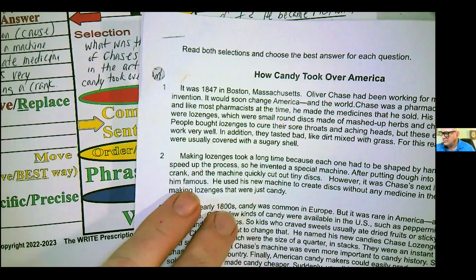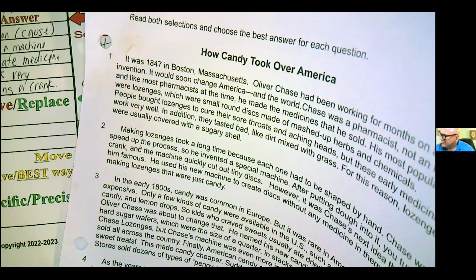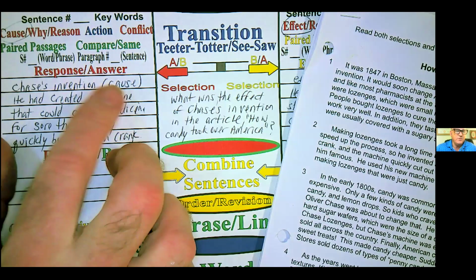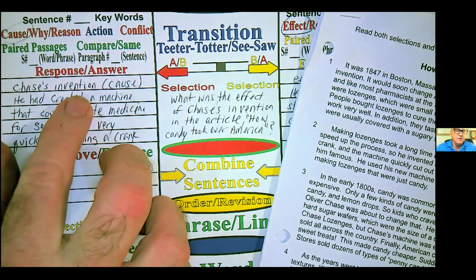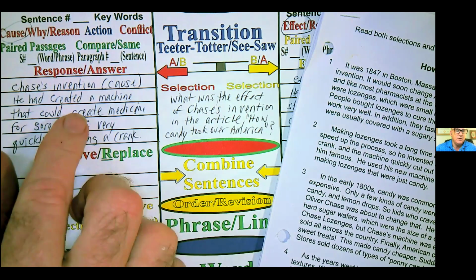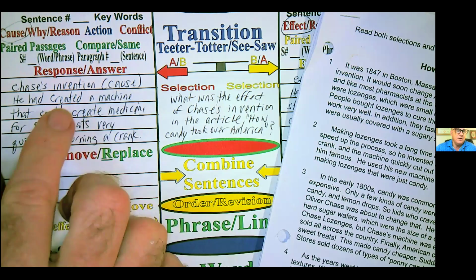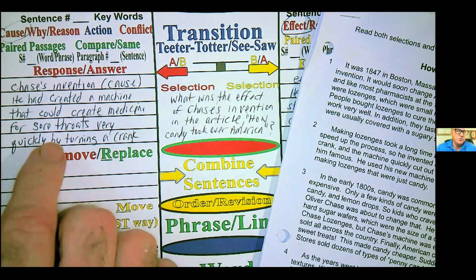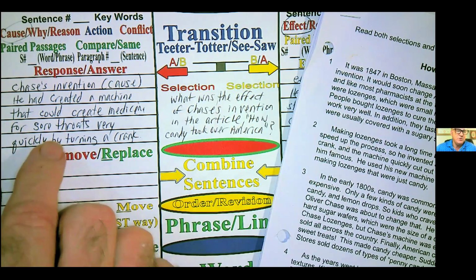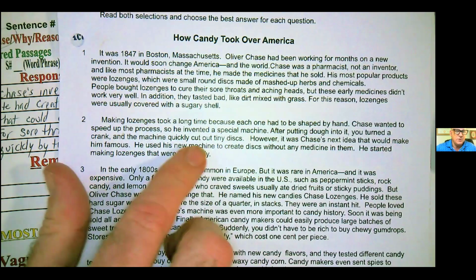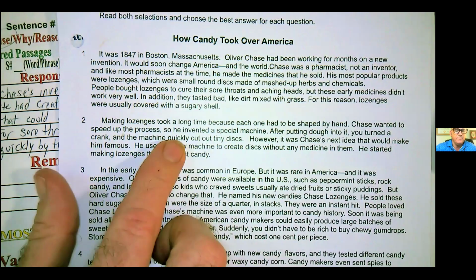Also in paragraph 2, you can see the cause of the invention. Why did he invent this little machine? What was the reason? He created a machine that could create medicine for sore throats very quickly by just turning a crank. That's all right there in paragraph 2.